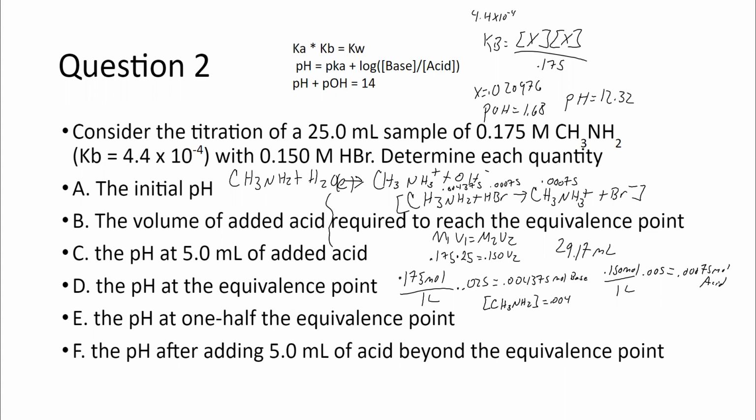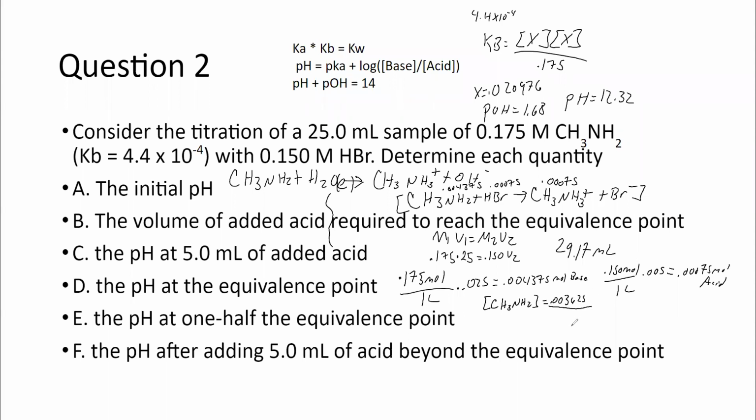Let me just do that calculation really quick. I was going to do it in my head, but let's just always double check. 0.004375 minus 0.00075. Yep, I'm glad I double checked that. That is 0.003625.